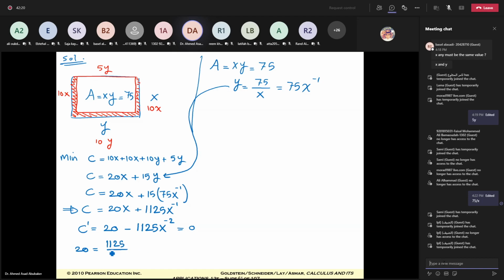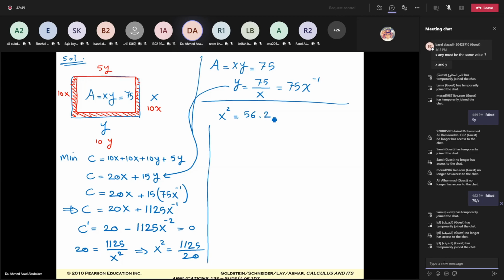So we have 20 equal 1125 over x squared. So x squared equals 1125 over 20. After dividing 1125 over 20, we have 56.25.